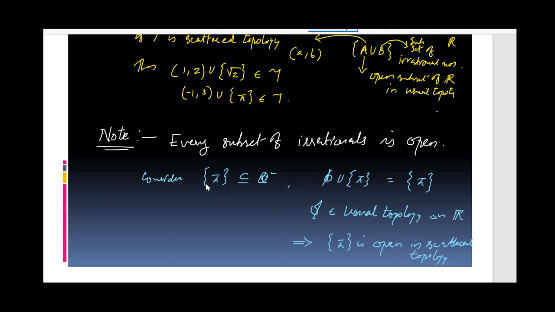Thus I have taken only the singleton set pi. In the same way, root 2 also belongs to the scattered topology. And root 2 union pi again belongs to it, since a topology is closed under arbitrary union. Proceeding like that, it will contain all the irrational numbers, so any subset of irrational numbers is open.